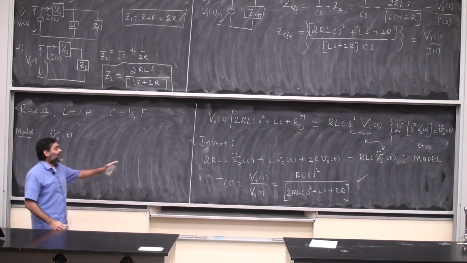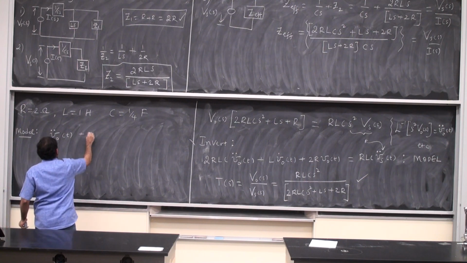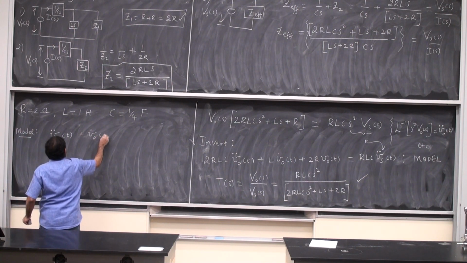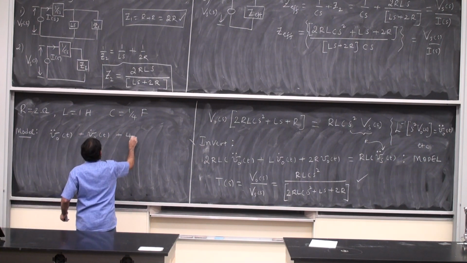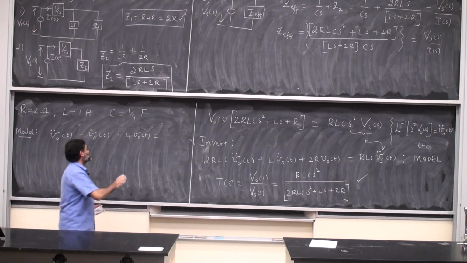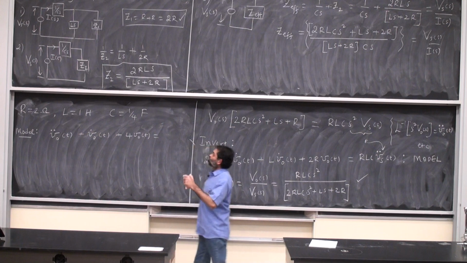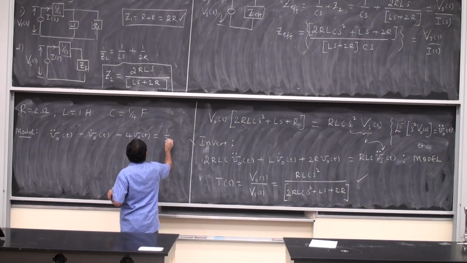Then the second term is L V naught dot, so that is just going to be 1 times V naught dot. 2 times R times V naught, so that's going to be 4 V naught. And RLC is 2 times 1 times 1/4, which is 1/2. So this is 1/2.